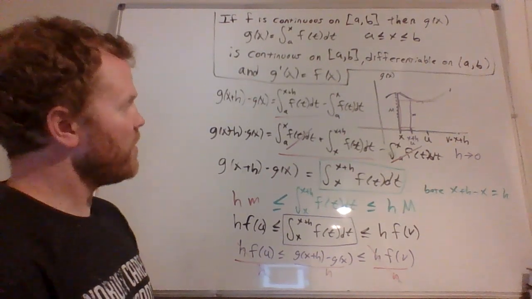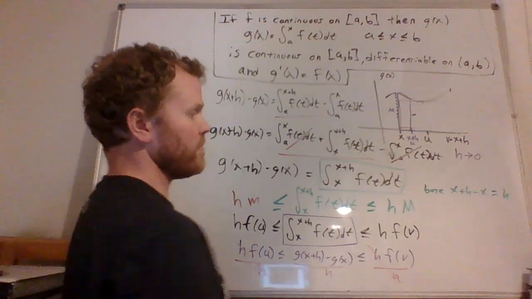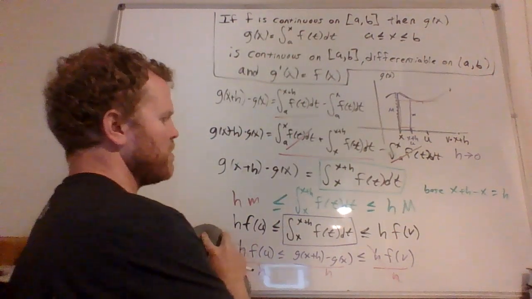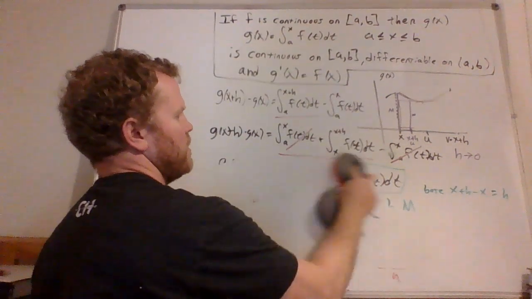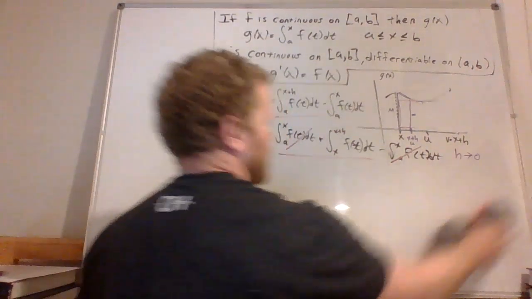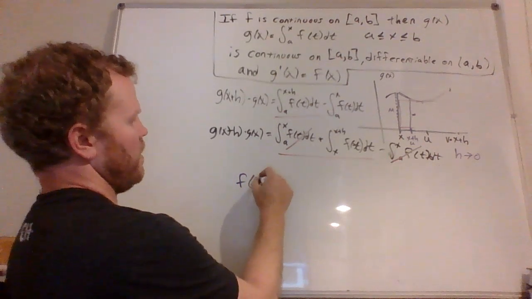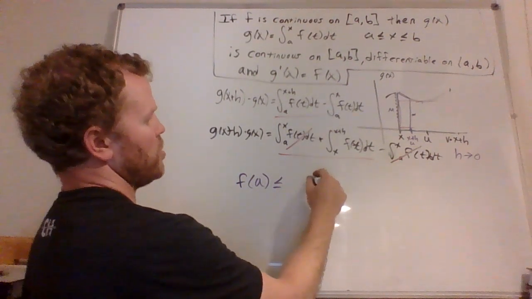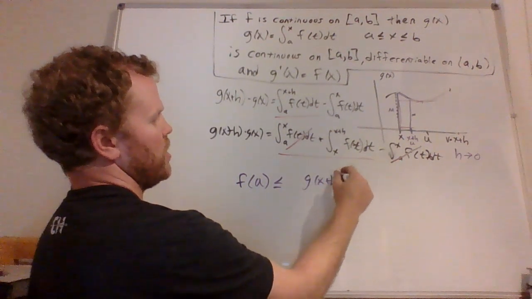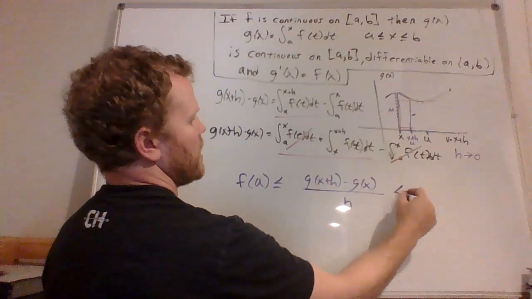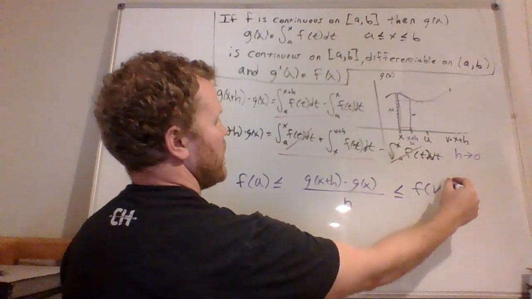So what we officially get to now is, I need to erase this so we have a little more room here. Once we divide by h, we should wind up saying that f of u is less than or equal to g of x plus h minus g of x over h, less than or equal to f of v.